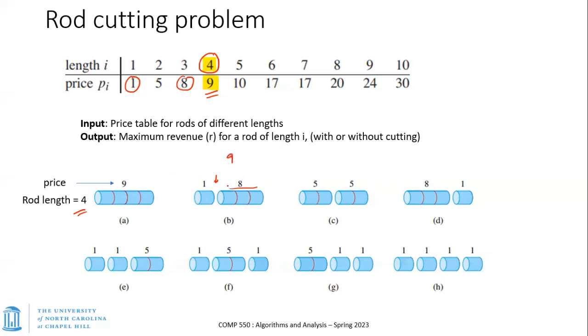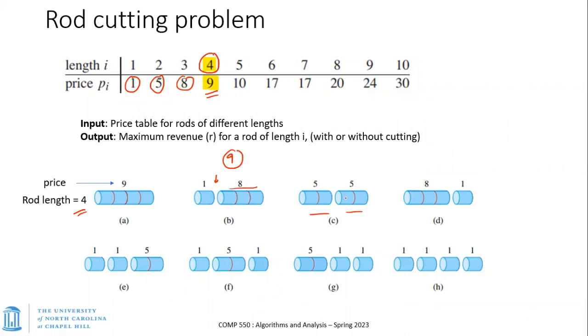If you cut it up into these 2 pieces, it would still get you a revenue of 9. However, if you cut it up into 2 pieces which are both of size 2, this seems to be more profitable, right? Because a rod of size 2 sells at a nice price of $5.